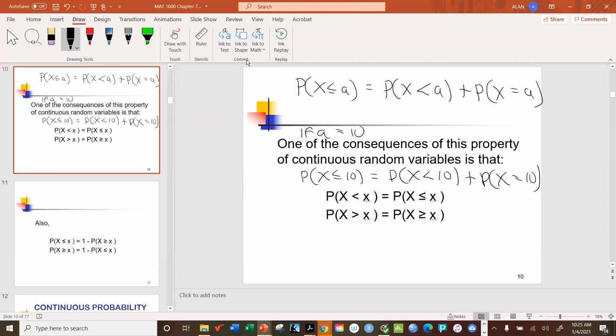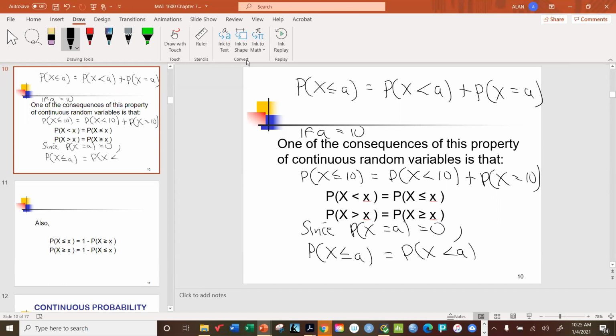Now, in the continuous case, because the probability that x equals a is defined as 0, that means that the probability that x is less than or equal to a equals the probability that x is strictly less than a plus 0, or the probability that x is less than or equal to a is the same as the probability that x is strictly less than a.